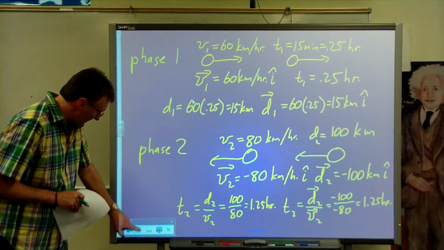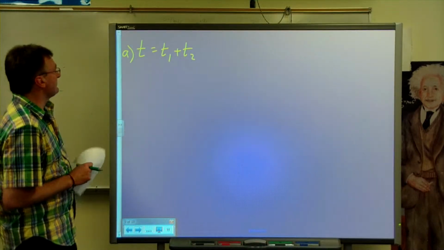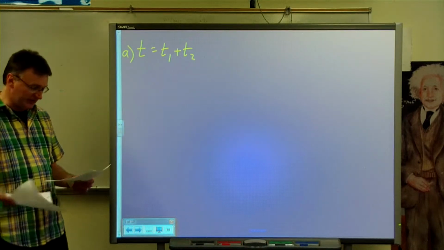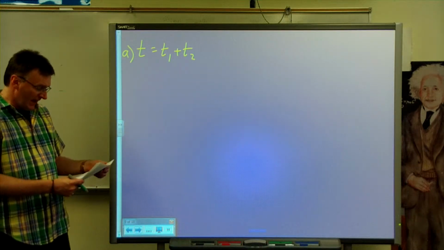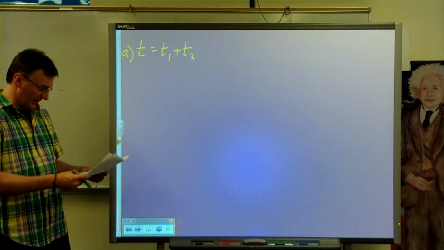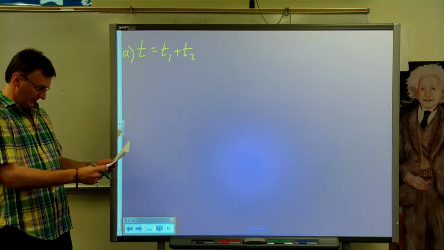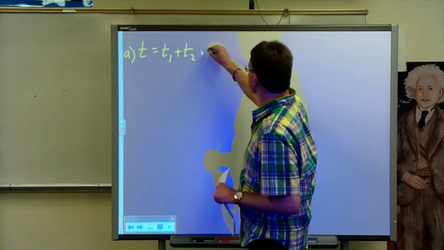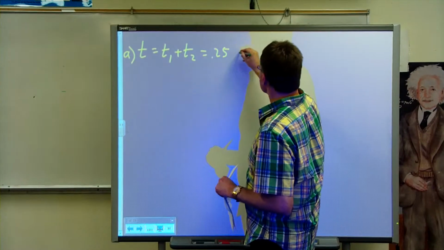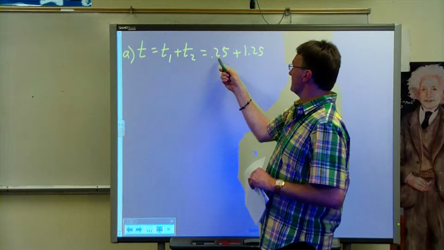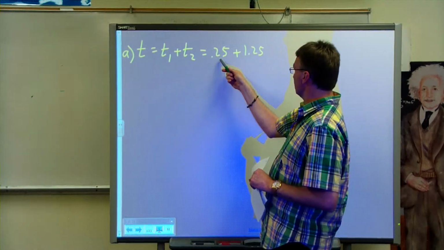Okay, so let's finish this up here. So the total time then is going to be T1 plus T2, and that is going to work out to 0.25 hours plus 1.25 hours. Right, so T1 was given at the very beginning, 0.25 hours.